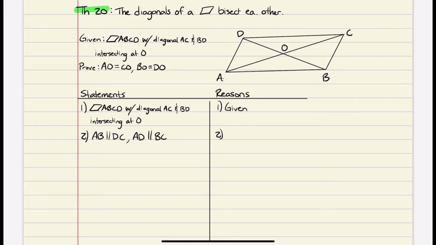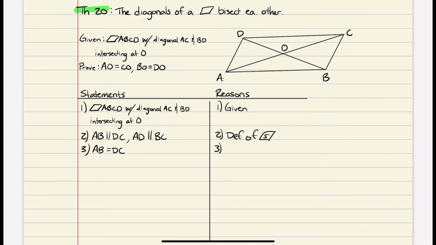Opposite sides of a parallelogram are parallel. That's the definition of parallelograms. Number 3, AB equals DC. Well, we didn't state this yet, but I hope by now a lot of these steps are kind of obvious.